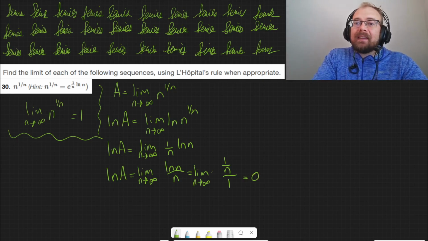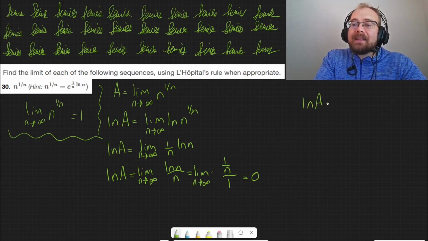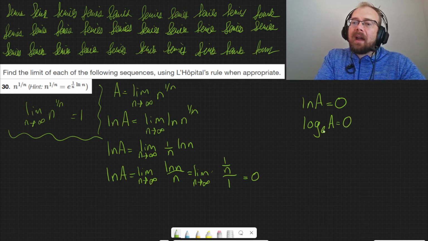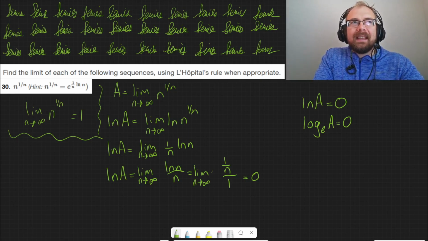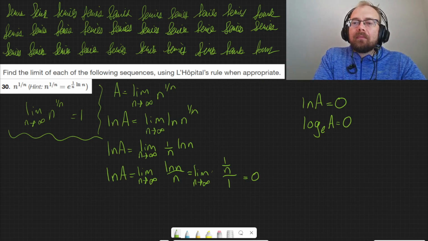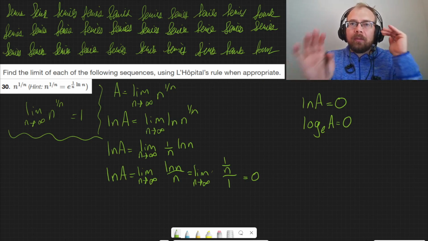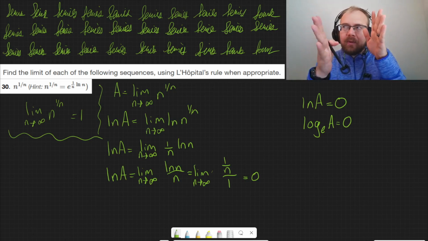But that's not the answer, right? So the ln of the answer that we want is equal to 0. Well, the ln is a log with a base e, right? So now we're going to change it back. When we change it back, I like to use this little ditty to help remember how to go from log form to exponent form, or from exponent form back to log form.